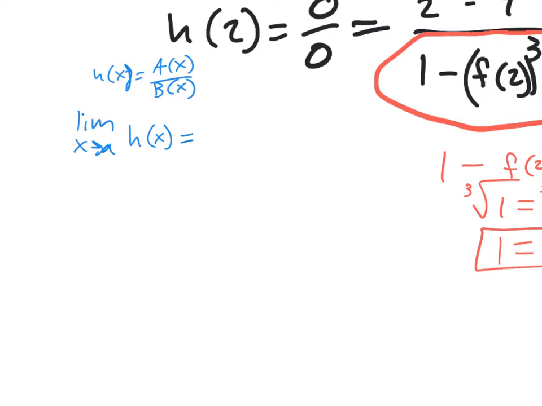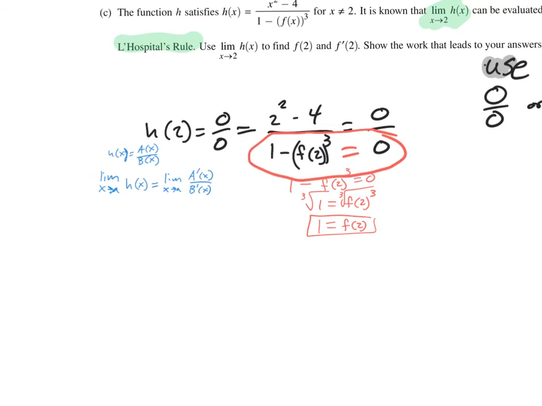If you can use L'Hopital's, the limit would be the same thing as if you took the derivative of the top over the derivative of the bottom and then did the limit of that. Well, they already told us that we can use L'Hopital's.